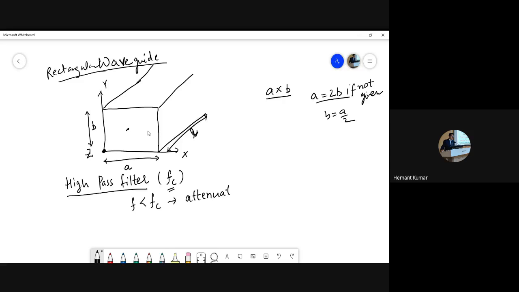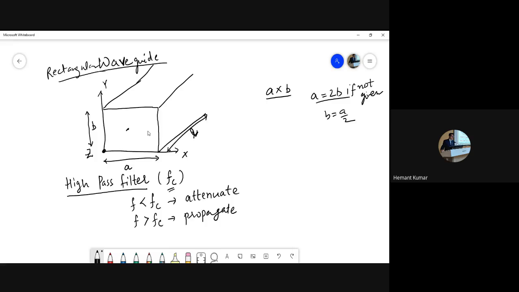If it is attenuating the wave, it means there is some attenuation constant, alpha. And if f is greater than fc, it can propagate through this waveguide. It means there is some beta also, a propagation constant. But we will generally talk for alpha equal to 0.